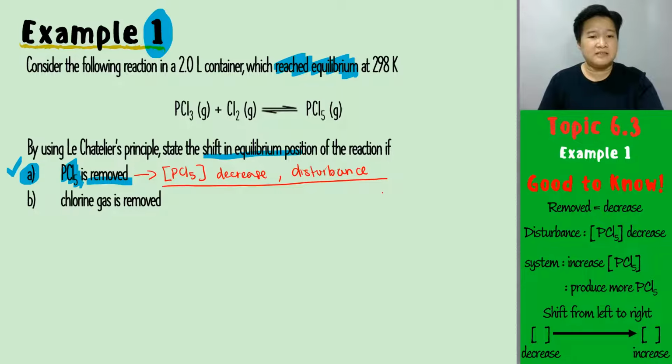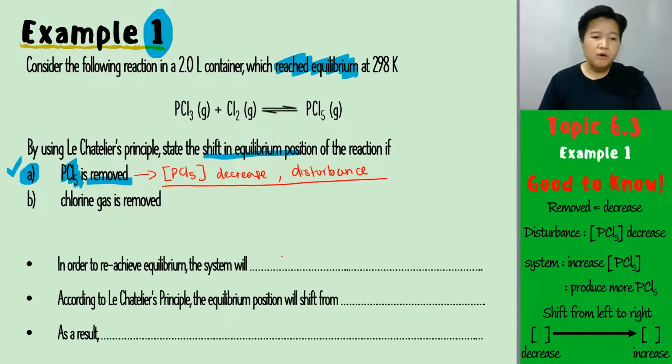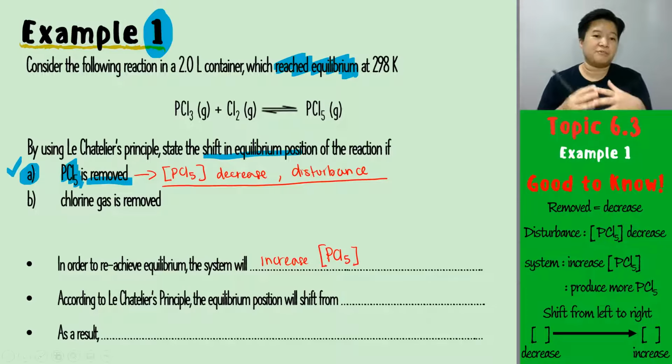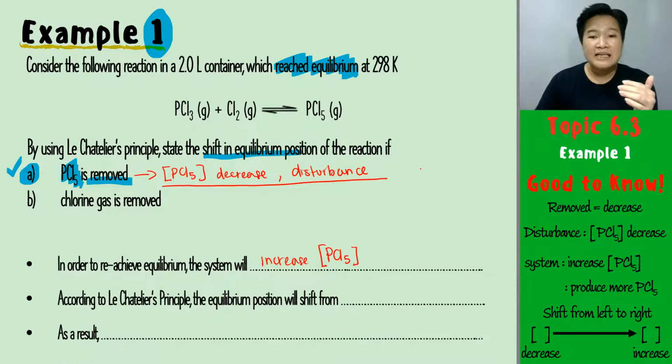Since this is the disturbance given in the question, what would the system do to re-achieve the equilibrium? The system will increase the PCl5 concentration, because the concentration of PCl5 decreased in the disturbance. So the system will always go against the disturbance to maintain the equilibrium.